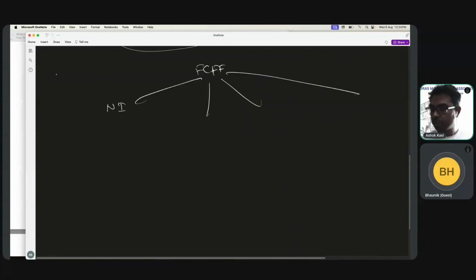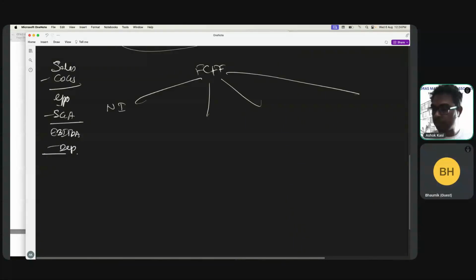So first is the income statement. This is sales or revenue minus cost of goods sold. Then you get gross profit. Then minus sales and general administration expenses, then EBITDA.